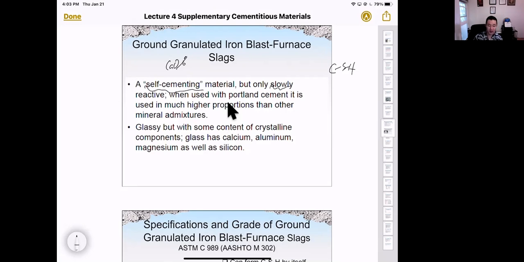Okay, and because it has self-cementing properties, we can use a much higher percentage than other mineral admixtures.